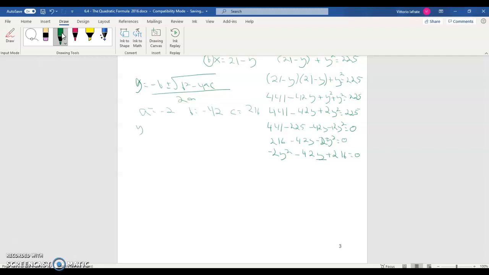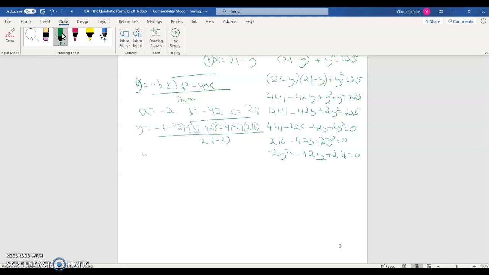So we have y is equal to -42 plus or minus -42 squared minus 4 times a, which is -2, times c, which is 216, all over 2 times -2.